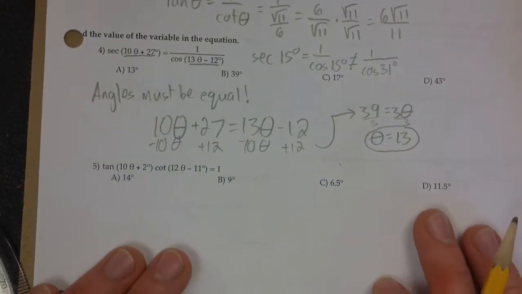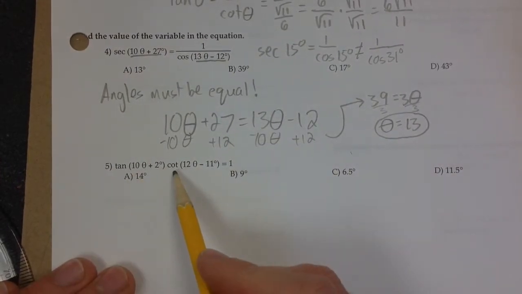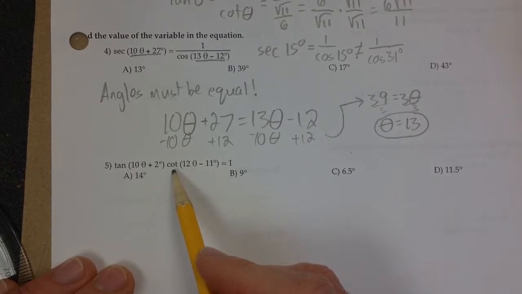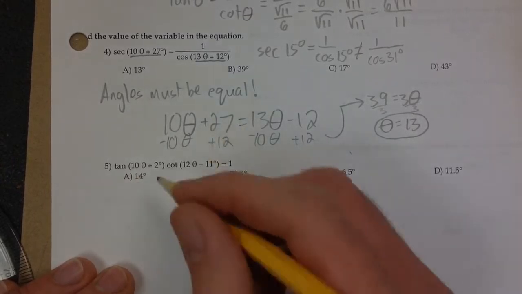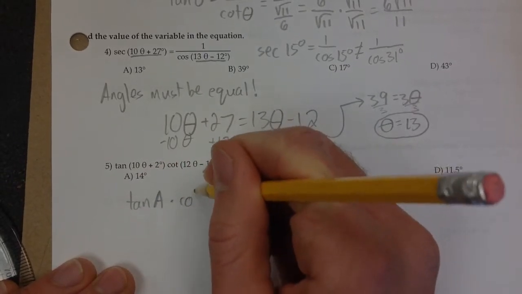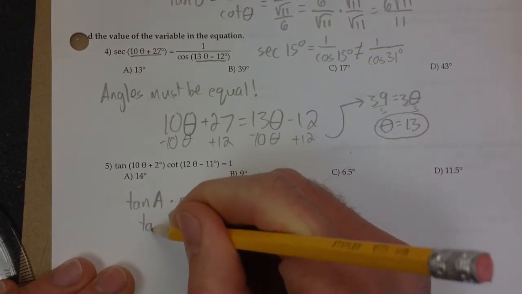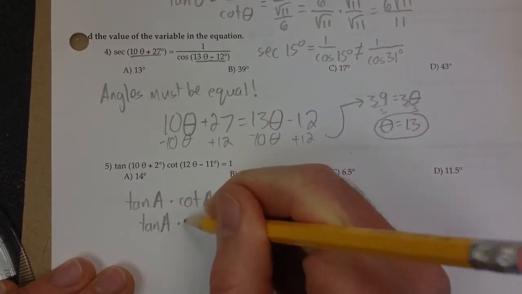Good question. Number 5, again, if you get reciprocal relationships, this is a very simple problem. So something times its reciprocal equals 1. Like tan A times cotan A equals 1, because cotan is 1 over tan.